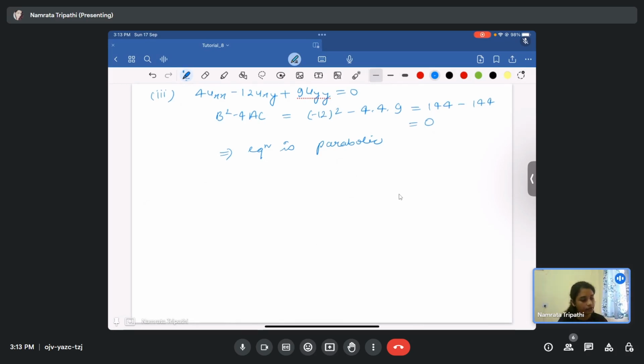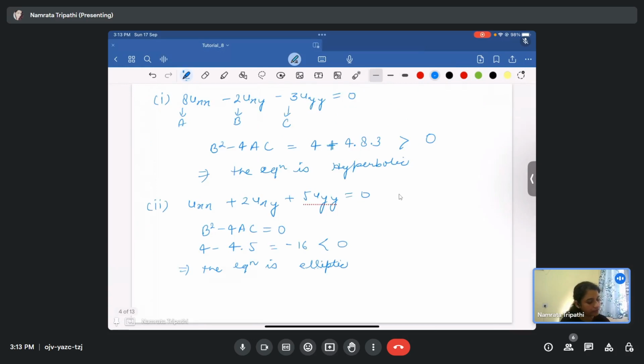Is there any doubt in question 1? There are three equations. First one is hyperbolic, second one is elliptic, and third one is parabolic.